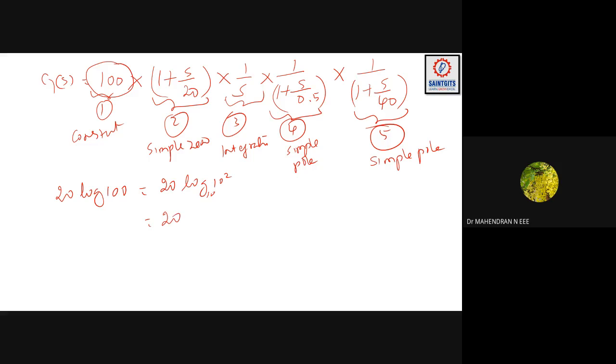As per the logarithmic rule, 20 into 2 is 40 dB, a positive 40 dB. I hope you can understand it.